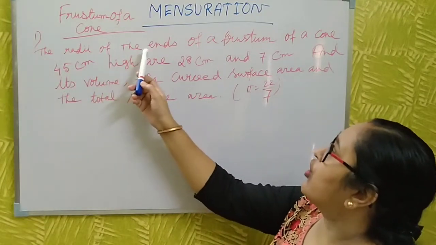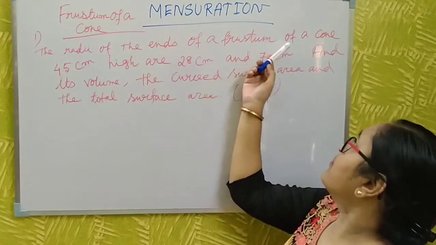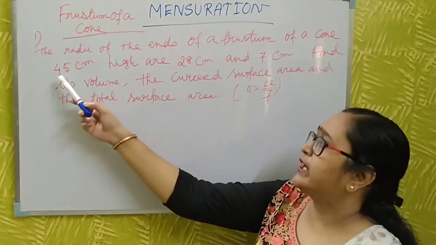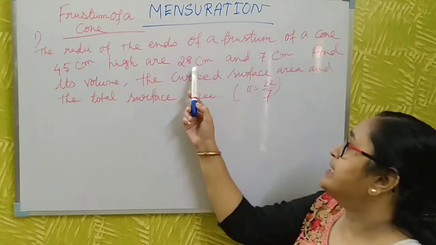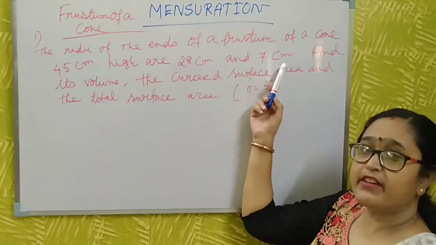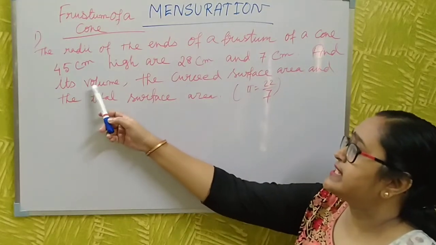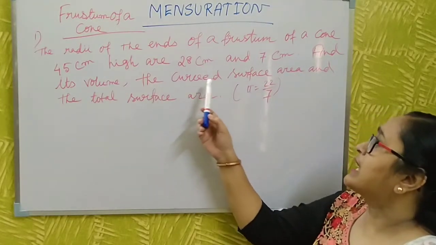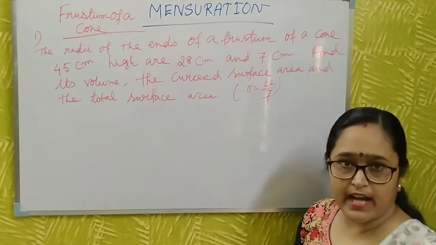The radii of the ends of a frustum of a cone 45 centimeter high are 28 centimeter and 7 centimeter. Find its volume, the curved surface area and the total surface area.